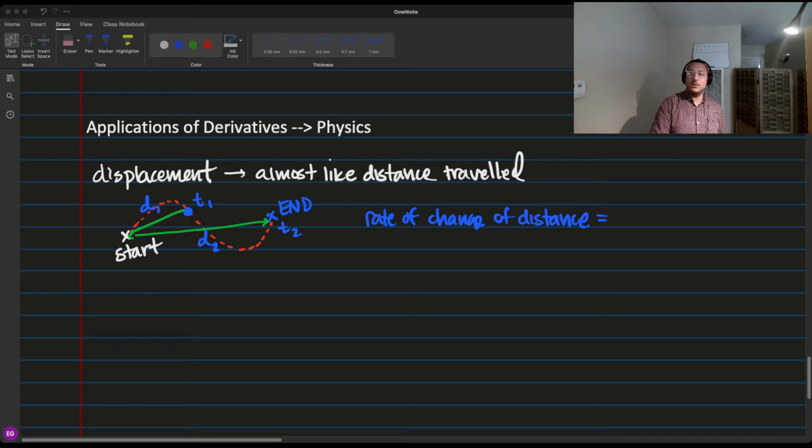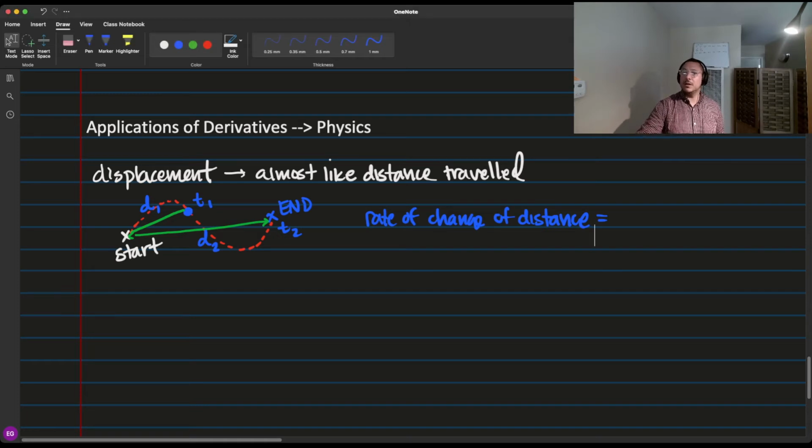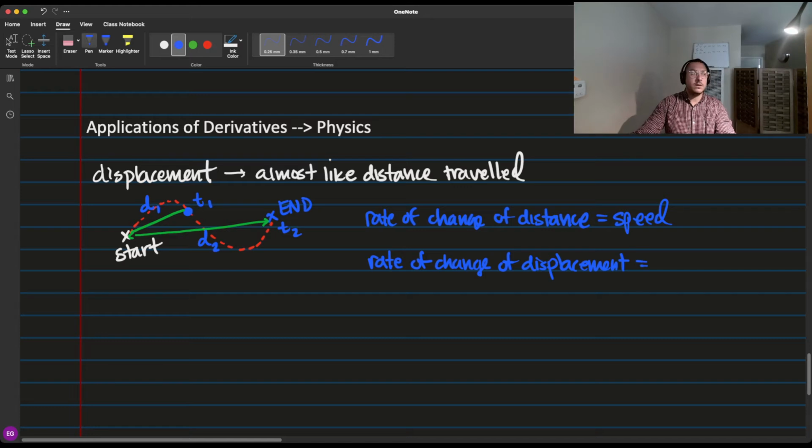If you look at how your distance is changing, what do you usually call that? Yes, awesome. Okay, now in physics, we don't talk about distance, we talk about displacement. So if we're talking about the rate of change of displacement, does anyone know what that is called, the physics term? Yeah, exactly.